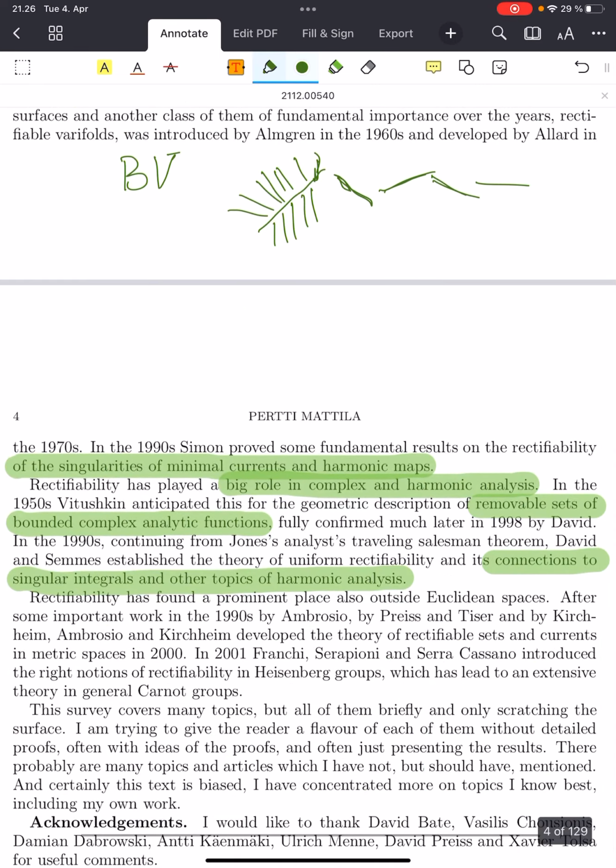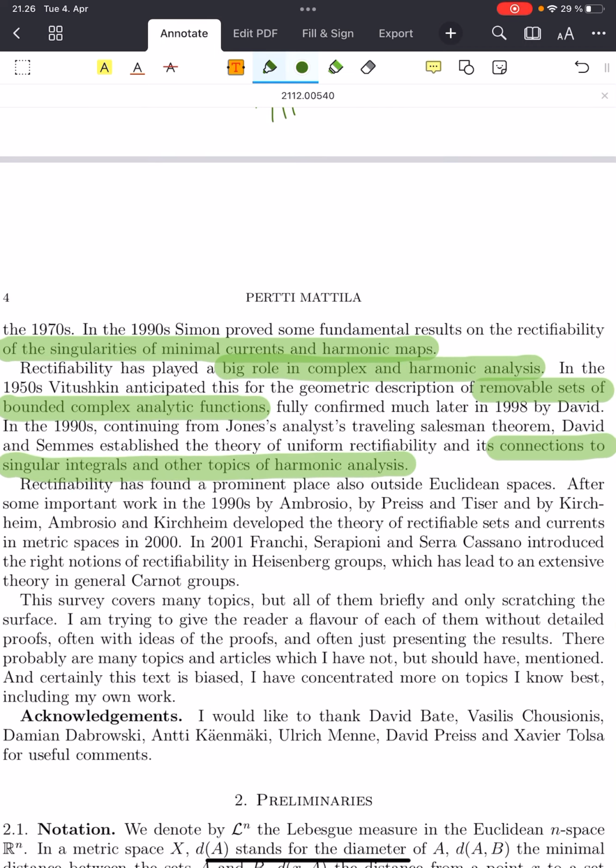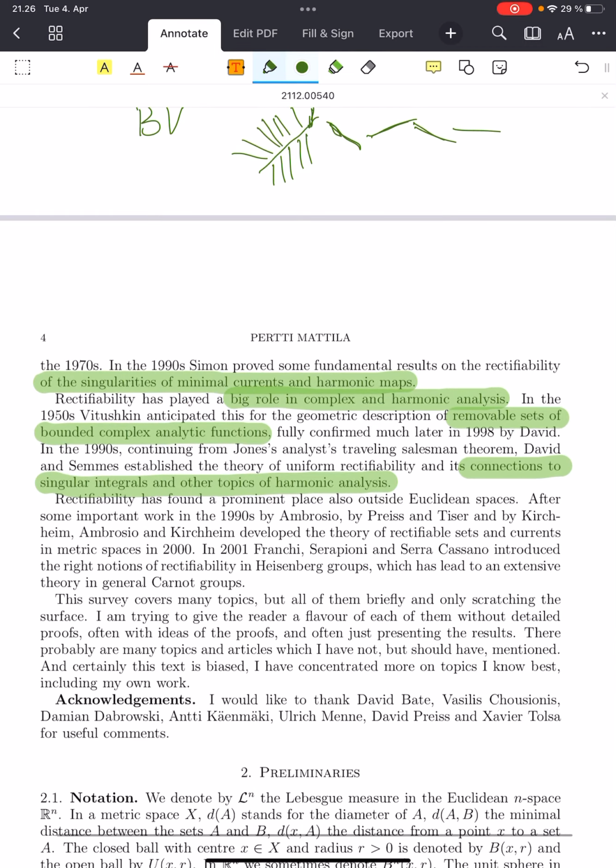The next one is that rectifiable sets appear in the study of minimal surfaces with the least area among all of the surfaces that span a given curve. So if you have a boundary curve, you're looking at all the two-dimensional surfaces that span this curve, that their boundary is this curve.